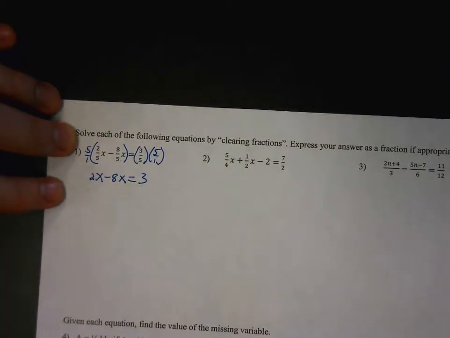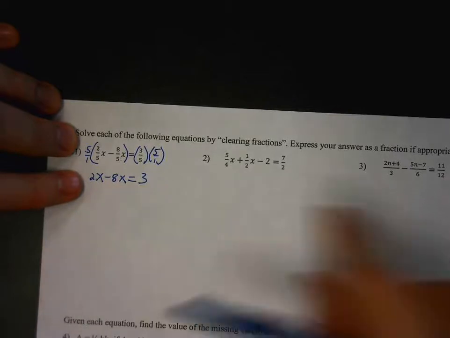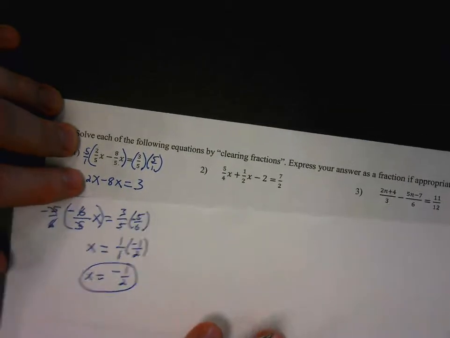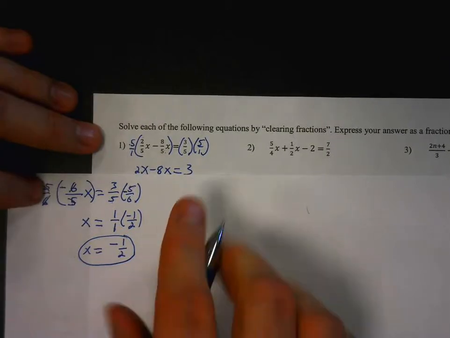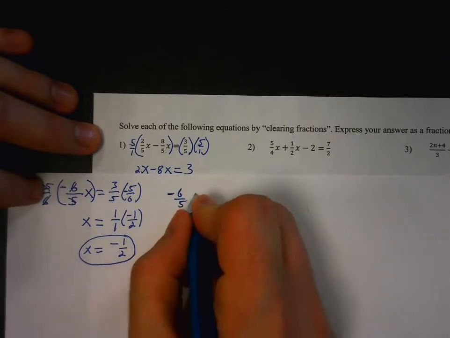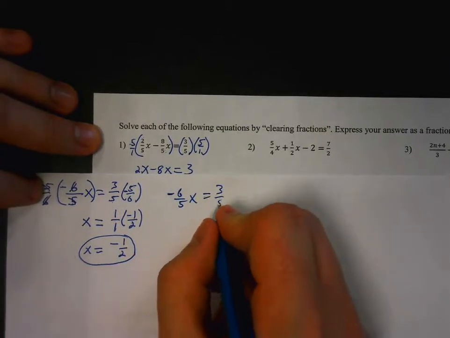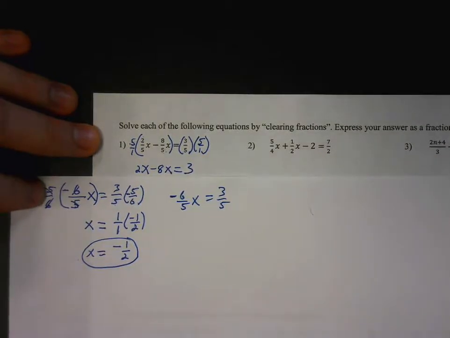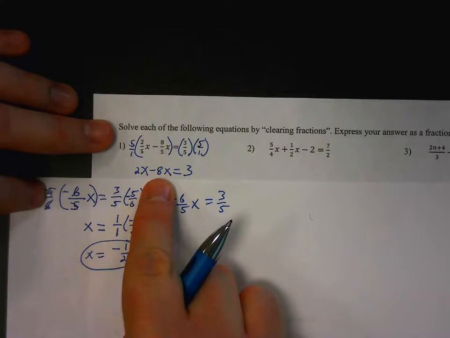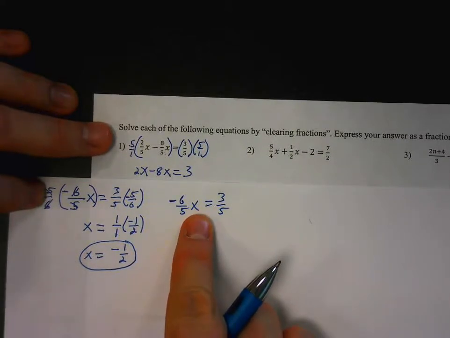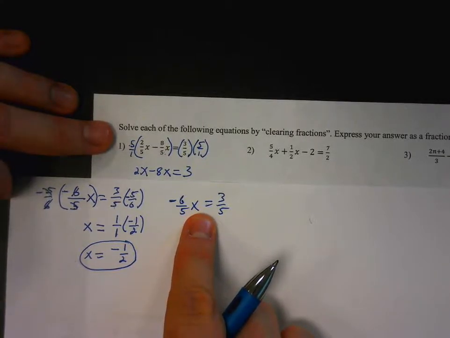So when you compare this equation with the second step over here, which was, I'll just write it again real quick, -6/5 x equals 3/5. Okay, when you compare those two equations, most people would say that 2x minus 8x equals 3 is better looking or a little less complicated looking than solving this equation here, -6/5 x equals 3/5.